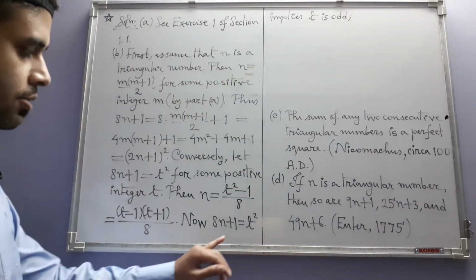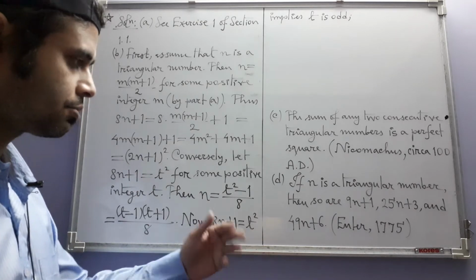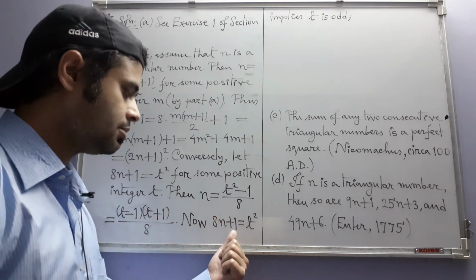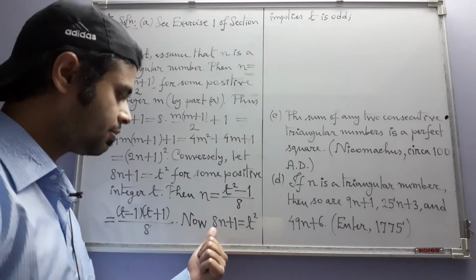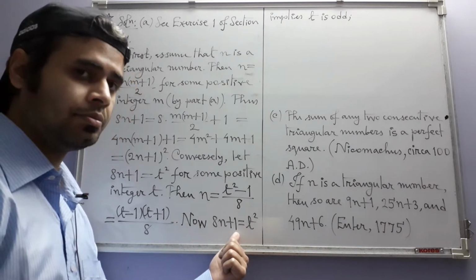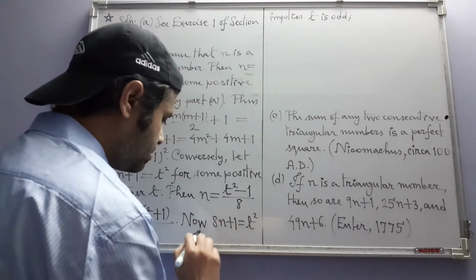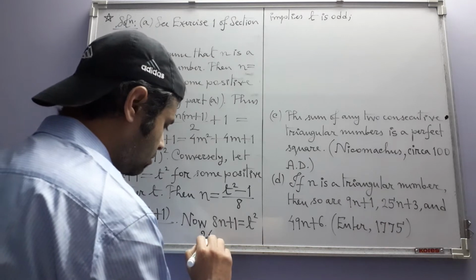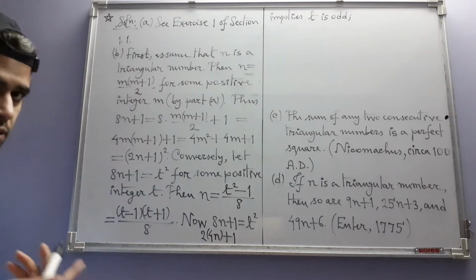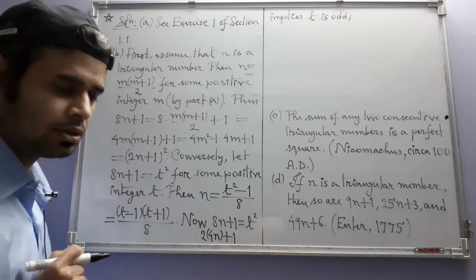And why is that so? You see, we know that if t is even, then t square is also even. However, the number on the left hand side is odd, because when we divide this number by 2, we get the remainder 1. Or you can also argue like this: since this number is of the form 2 times an integer plus 1, that is why it is odd. So square of t is odd, so t itself must also be odd.